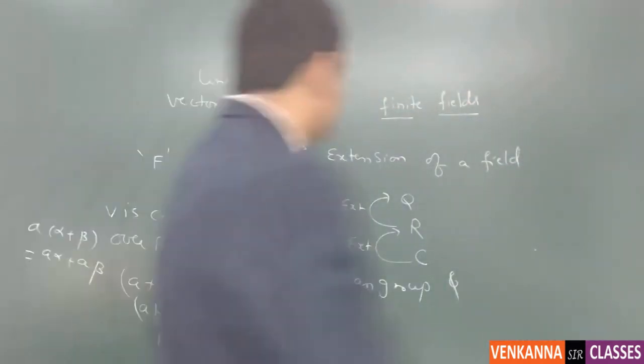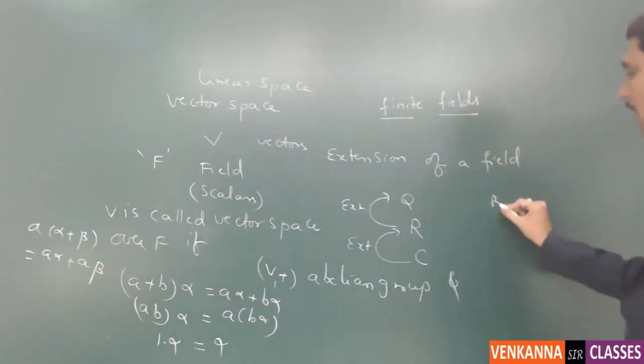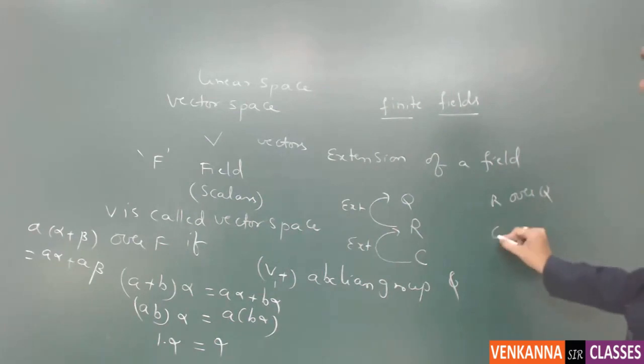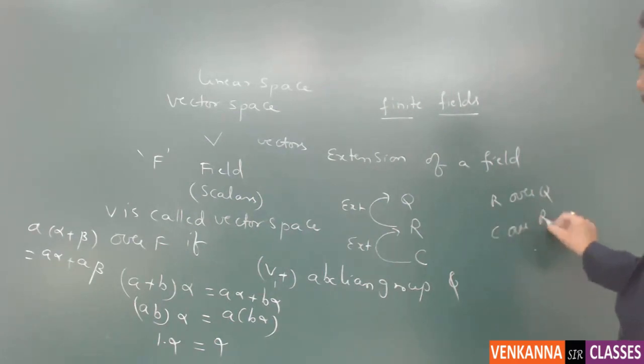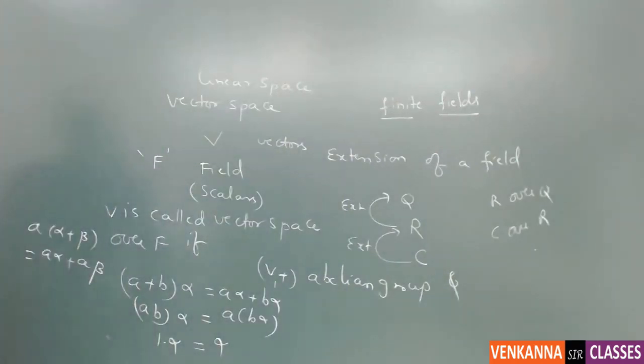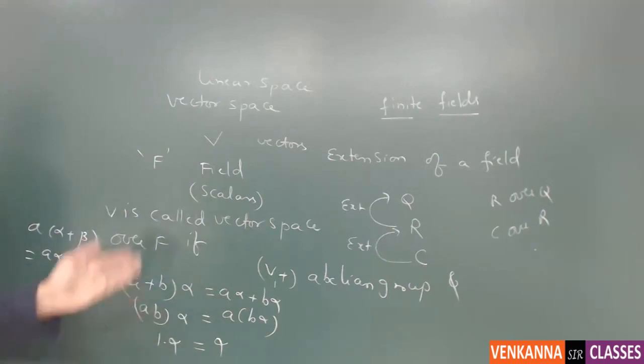Similarly, from this definition, R over Q is a vector space, C over R is a vector space, because these sets satisfy the properties I have mentioned with respect to the definition of a vector space. Okay?